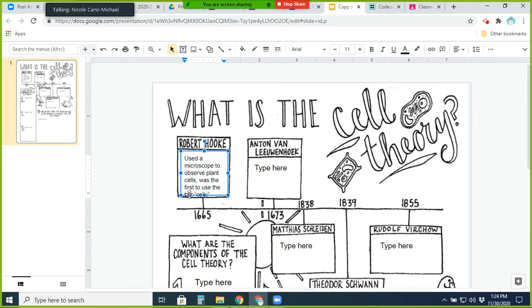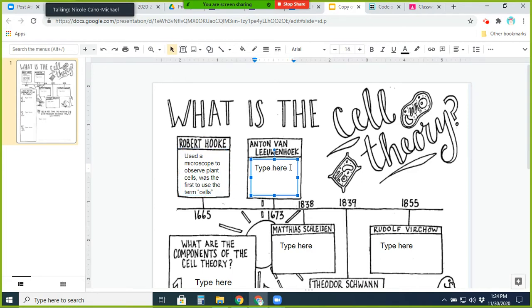He was the first guy ever to use the word cells in conjunction with these little tiny microscopic things. And again, all he really noticed was that these cells existed. He did not have a very sophisticated microscope, which means that he didn't see a whole lot of detail.